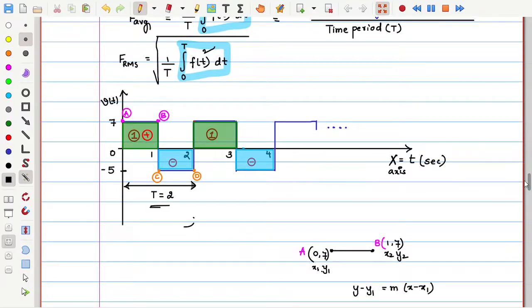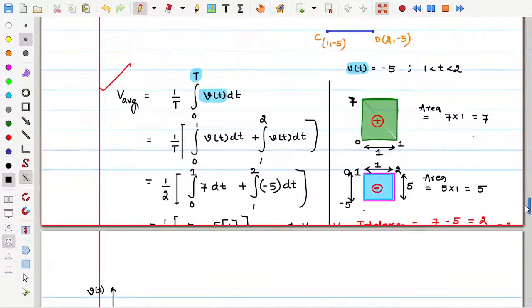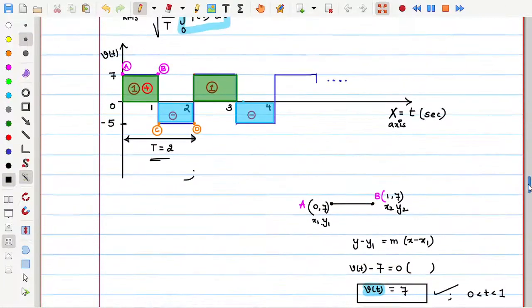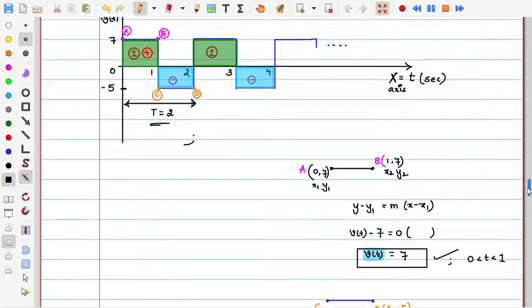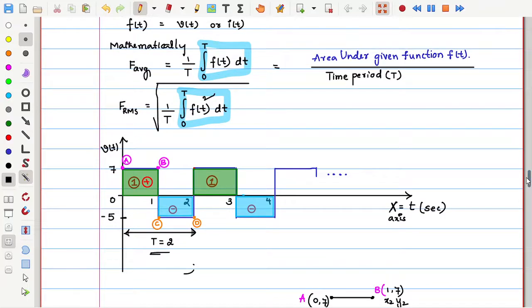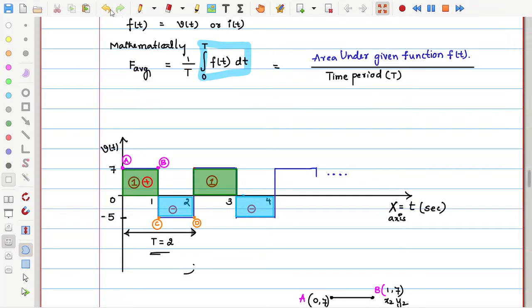Previously we already evaluated the average values, so this entire work is already there. It has merged over here. So let me make this one small. Just one second.